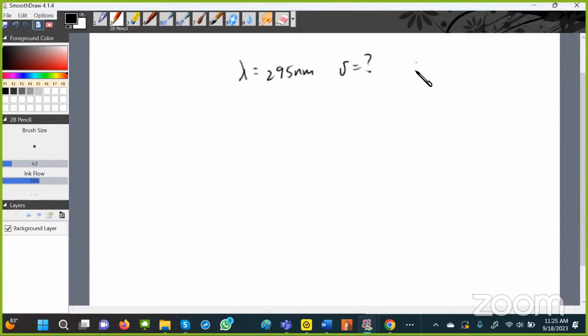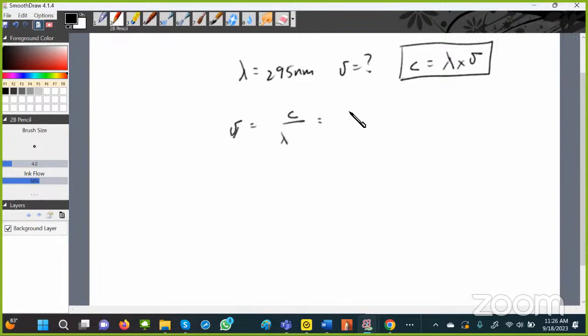Let me remind you that C is equal to lambda times nu. That's the equation that we're using. So nu is equal to C over lambda, right?